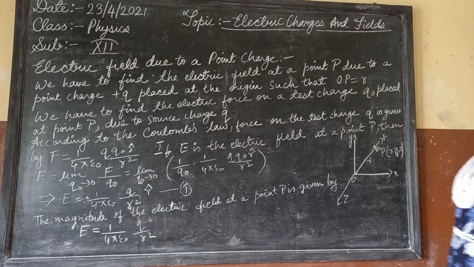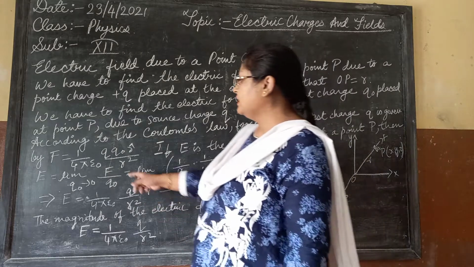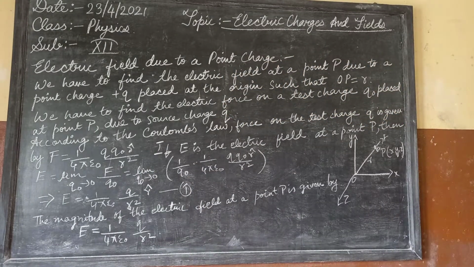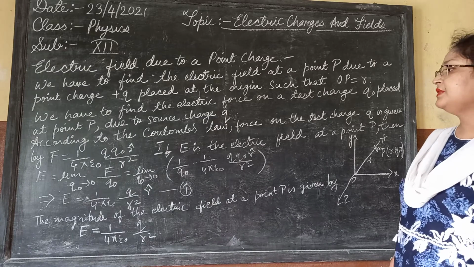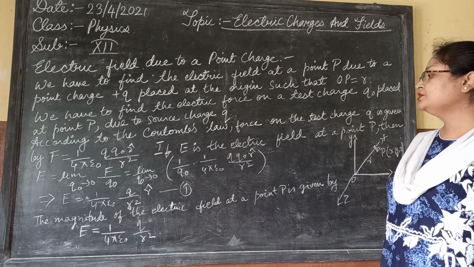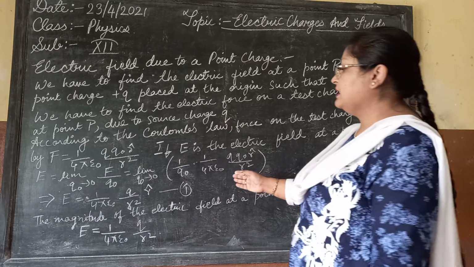If E is the electric field at a point P, then E equals limit Q0 tends to 0 of F upon Q0. That is limit Q0 tends to 0 of 1 upon Q0, times F, where F is 1 upon 4 pi epsilon 0, Q Q0 upon R square, R cap.